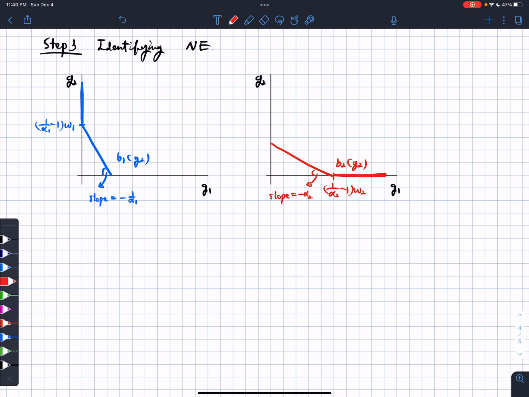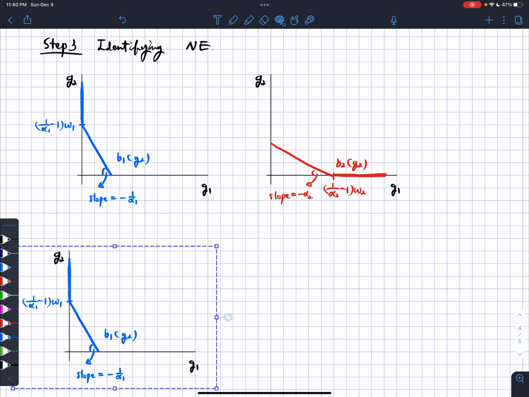So I try to combine these two pictures into one space. I'm going to superimpose this red graph on this picture. One possible case is that the red graph looks like this, and then this.